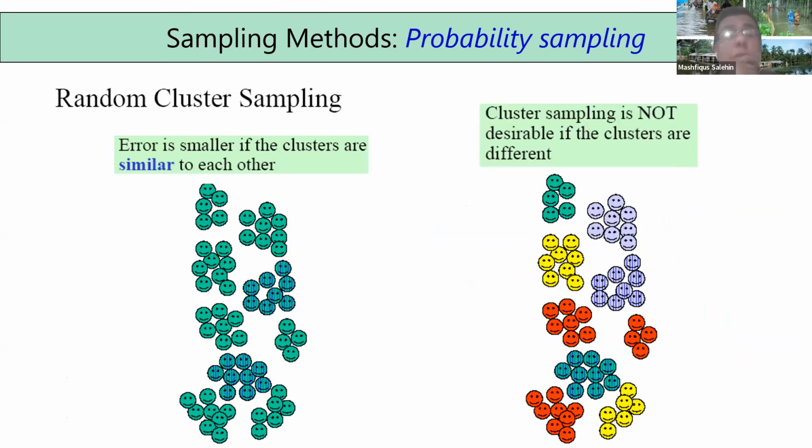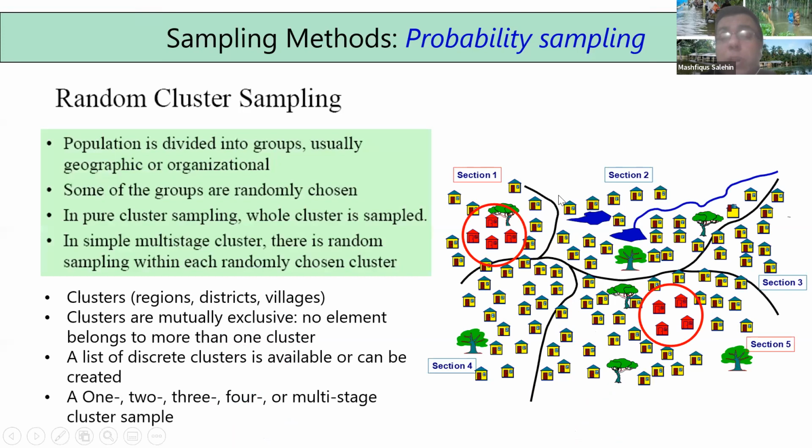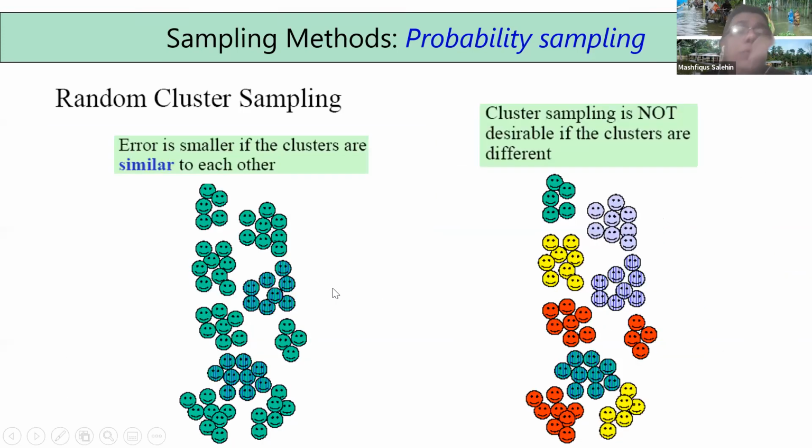So the issue with random cluster sampling is, if your clusters are similar to each other, for example here, then your error would be minimal, would be small, because you'll not be missing important characteristics of your population.